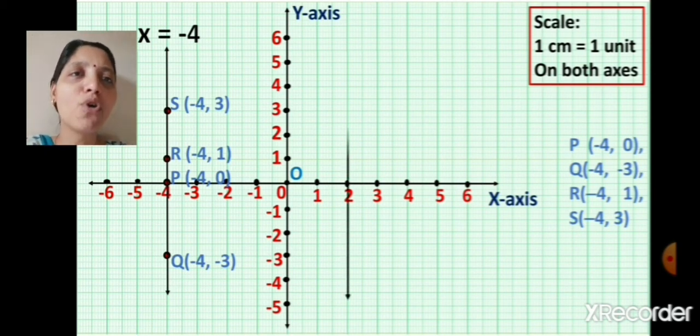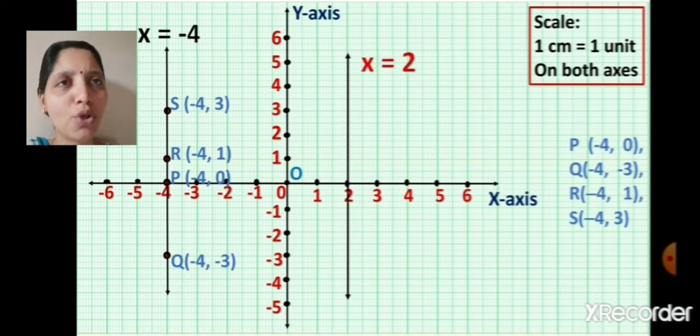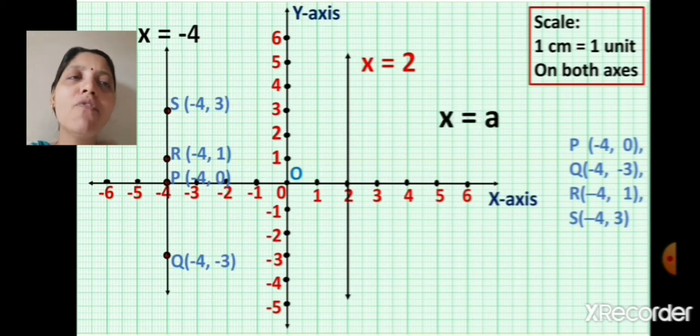Similarly, if you draw a line passing through point 2 on the x-axis, then the equation for this line will be x is equal to 2. Okay. So the equation for the lines parallel to the y-axis we can write in the form of x is equal to a. Now a can be smaller than 0 or a can be greater than 0.